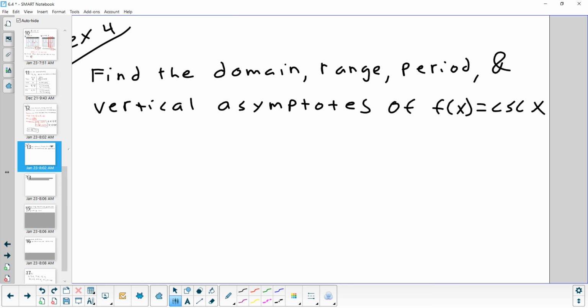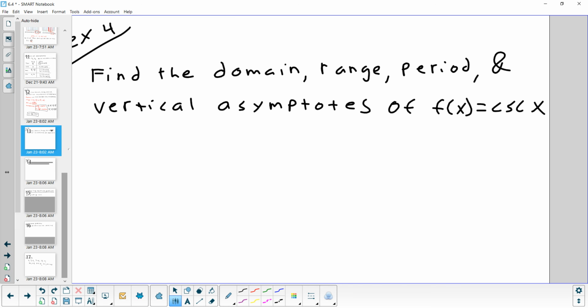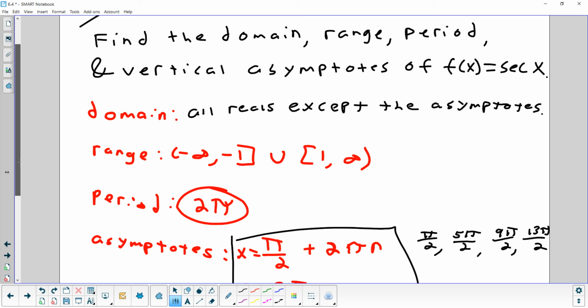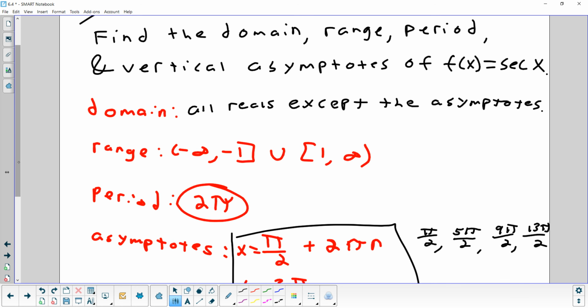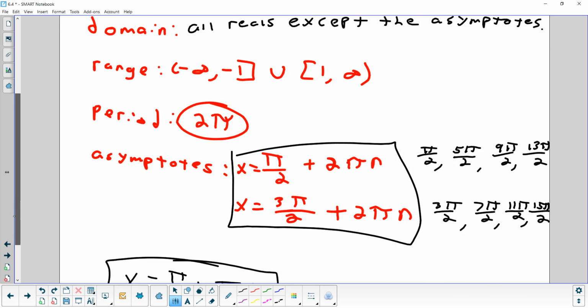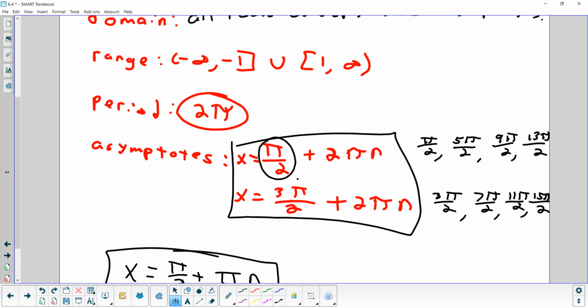All right, let's see. Cosecant is pretty similar. The only thing that would change here, if we did cosecant, the domain would be the same: all real numbers except the asymptotes. The range would be exactly the same. The period would be exactly the same. The only thing that would be different is those two numbers.